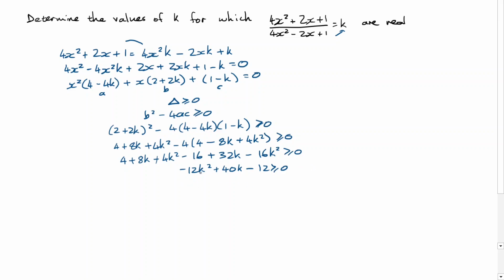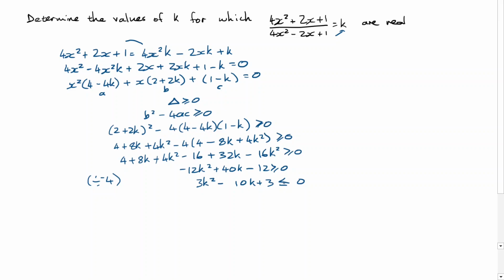Just for the interest of trying something different and using extra knowledge, let's divide all the terms by negative 4. So this will become 3k squared minus 10k plus 3, but we must remember that we change the way that the inequality faces.